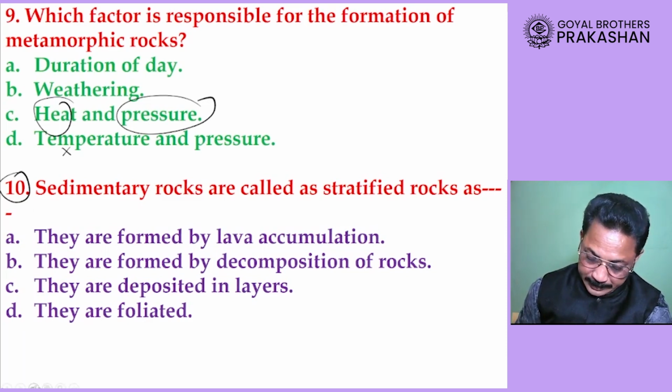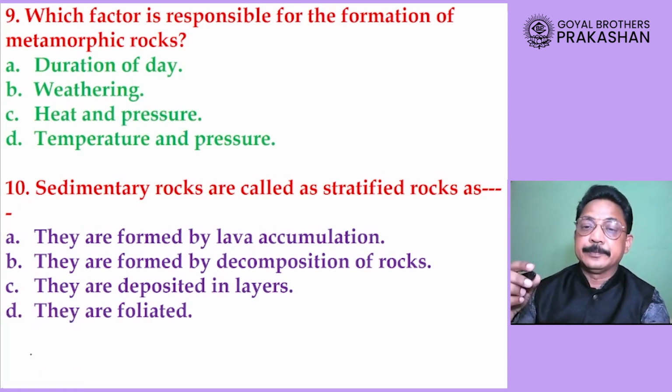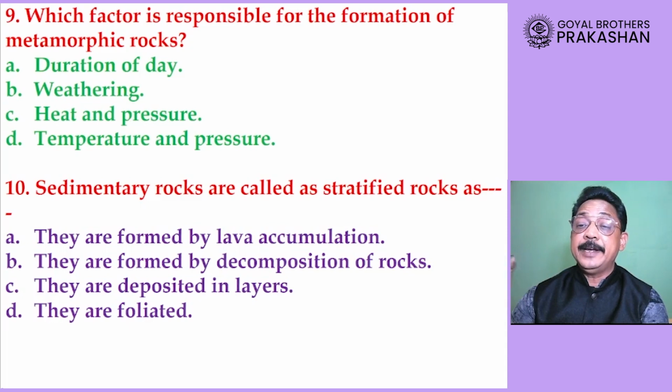Now question number 10, dear student. Sedimentary rocks are called stratified rocks as what is the correct answer? As they are formed by lava accumulation, or they are formed by deposition of rocks, or they are deposited in layers, or they are foliated.